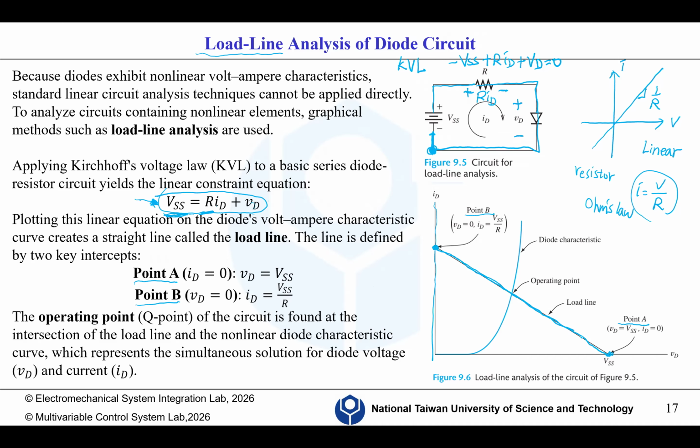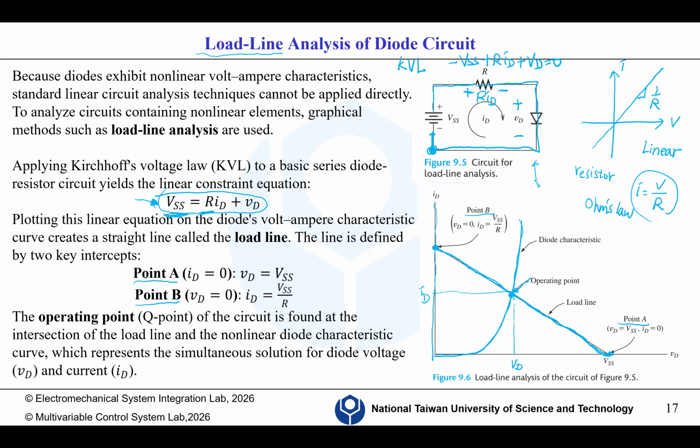And then by measurement, we have the diode characteristic curve. The intersection of this diode characteristic curve and the load line is the operating point, and we can find VD and ID in this circuit.